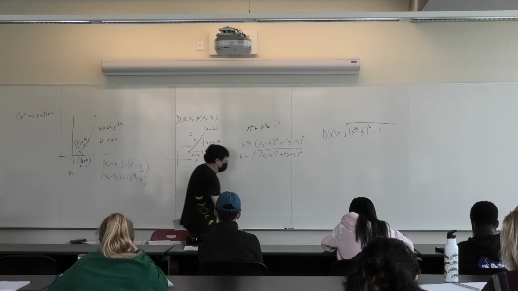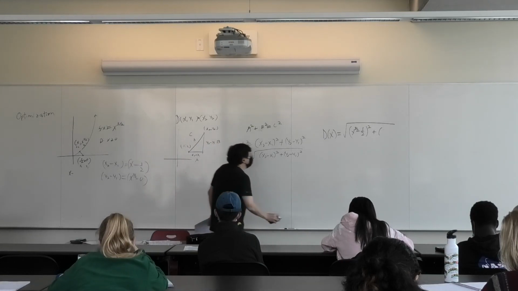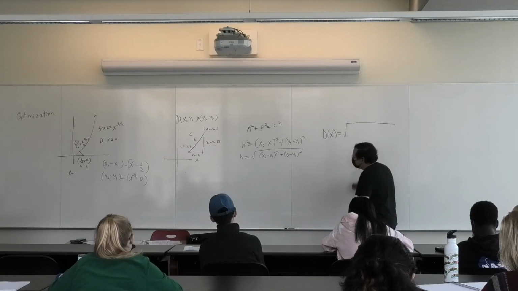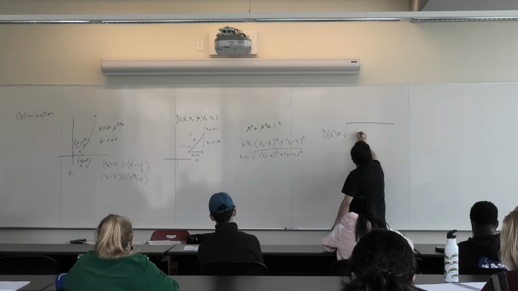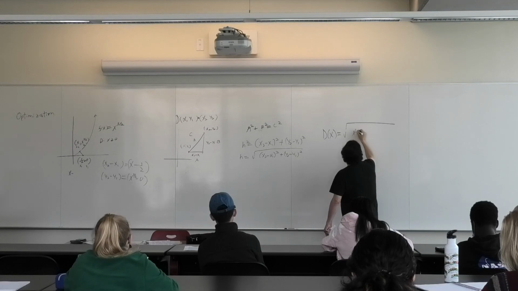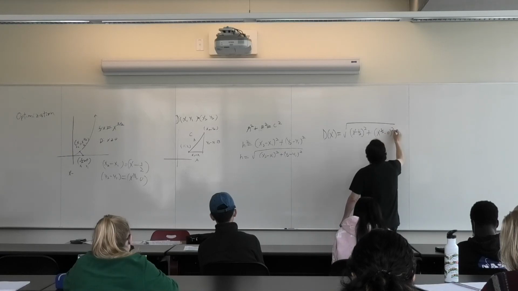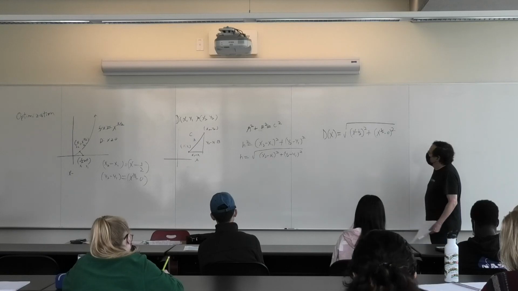Okay. Now I can do this properly. So the distance is the square root of x minus 1/2 squared plus x to the 3/2 minus 0 squared. Okay. Oh, that was the tricky part.